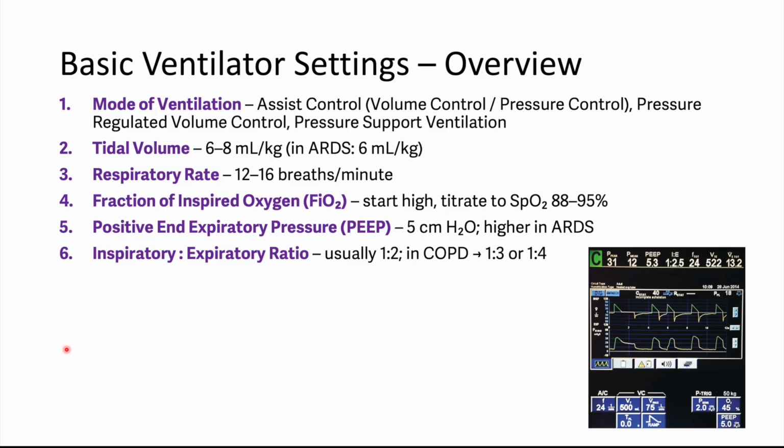Then FiO₂: start high, then titrate to 88 to 95 percent. Then positive end-expiratory pressure is 5 cm H2O, higher in ARDS. Then the inspiratory to expiratory ratio is usually 1 to 2. In COPD it is 1 to 3 or 1 to 4.